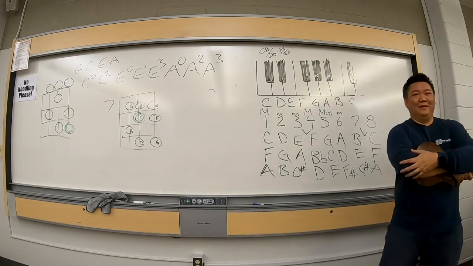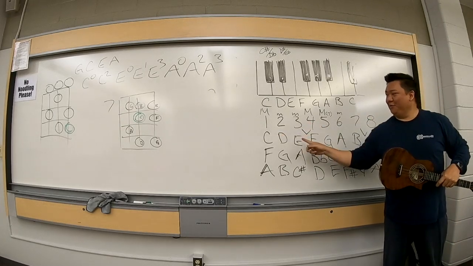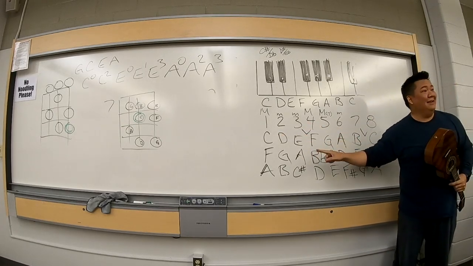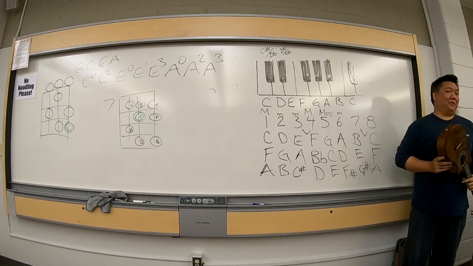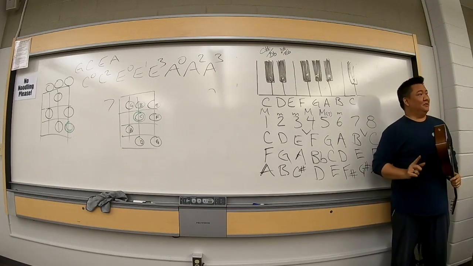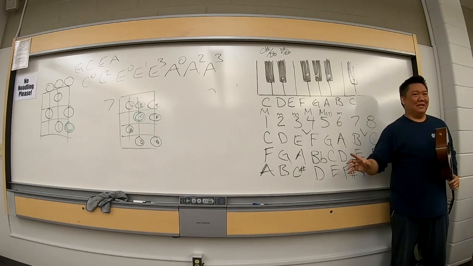G, C, or everything. What is a major chord made out of? The 1, 3, 5. So I could land on an E, I could land on a G, and it will be perfect. It will sound a little different, but again, keep the variables small at first, and then start.